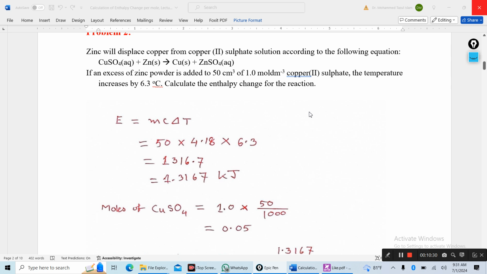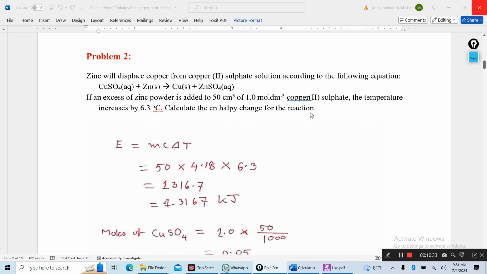Next you see number 2. Problem 2. Zinc will displace copper from copper sulfate solution according to the following equation. Copper sulfate reacts with zinc to produce zinc sulfate plus copper. This is a displacement reaction.